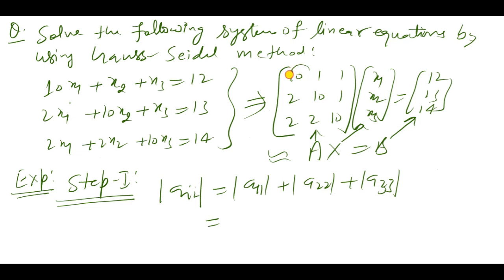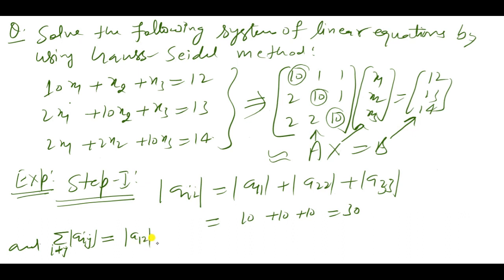So a11 is 10, a22 is 10, a33 is 10, and the modulus of each number is positive, that is 10 + 10 + 10 = 30. And summation i not equal to j of |aij|, so this is equal to |a12|, |a13|, |a21|, |a23|, |a31|, |a32|.